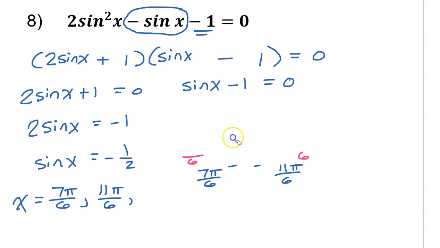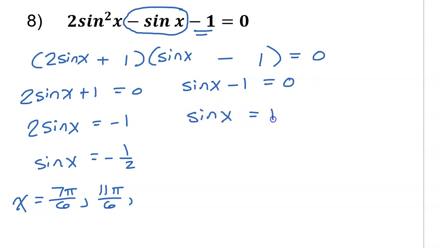And now we're going to work the right-hand side. So let's add 1 to both sides. We will get sine x is equal to 1. I started to ask what the reference angle is going to be, but I'm realizing that this is going to be a quadrantal angle situation.